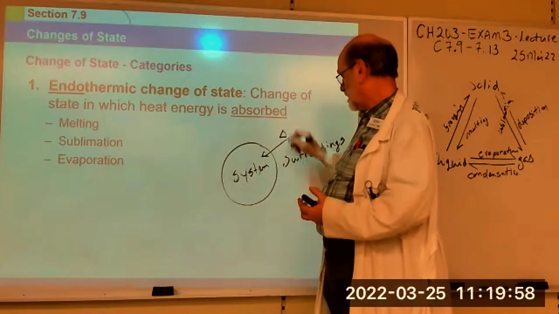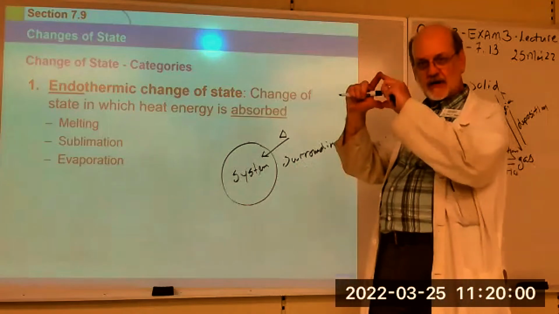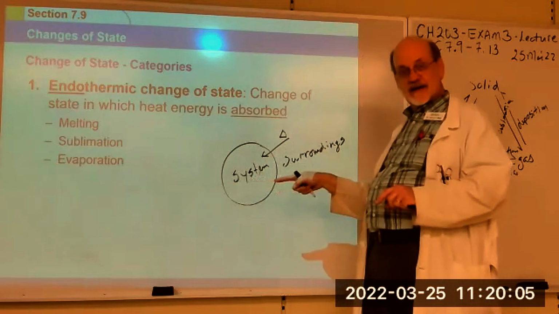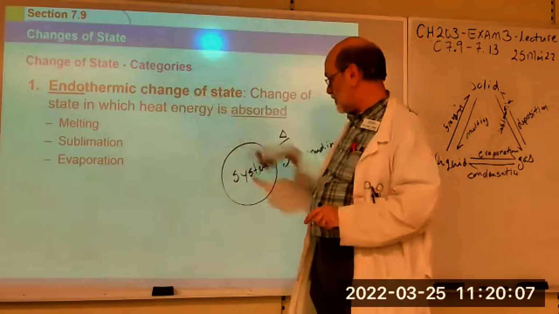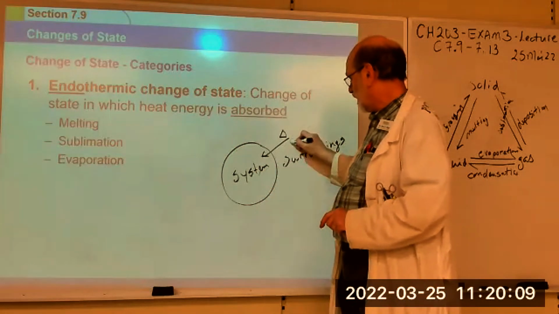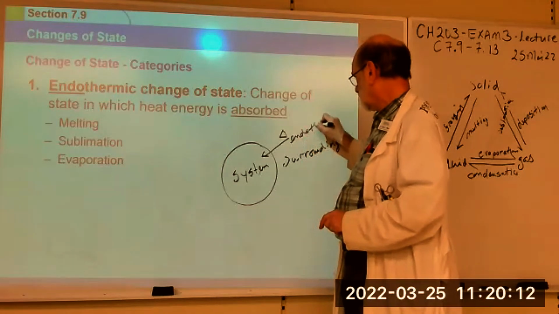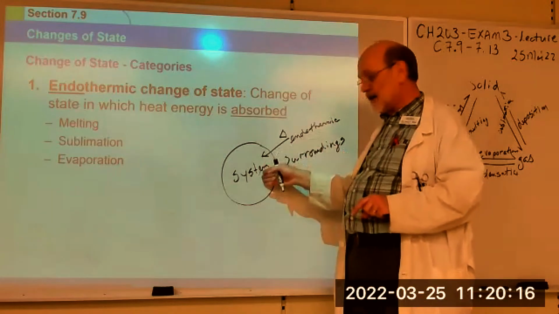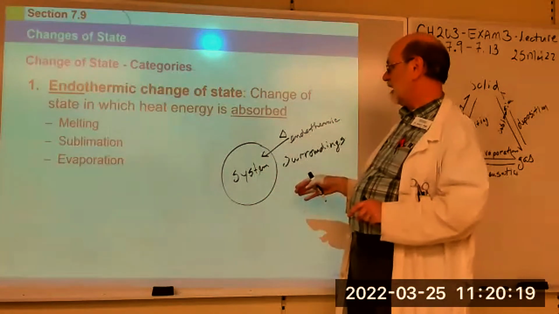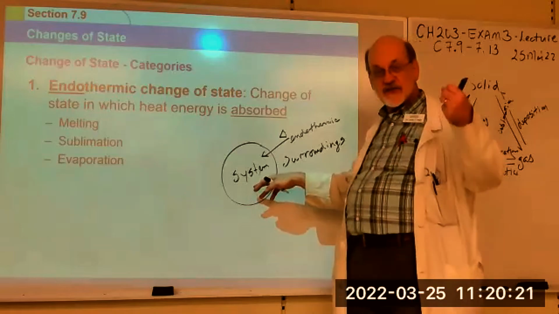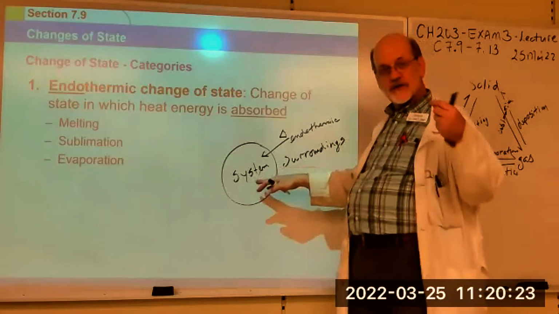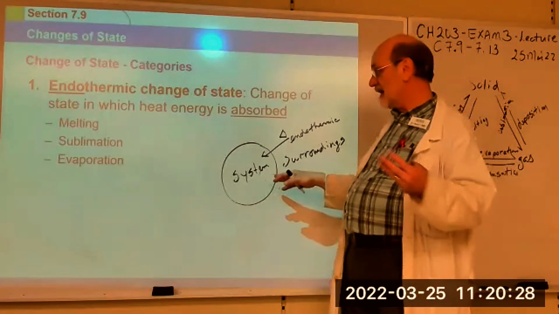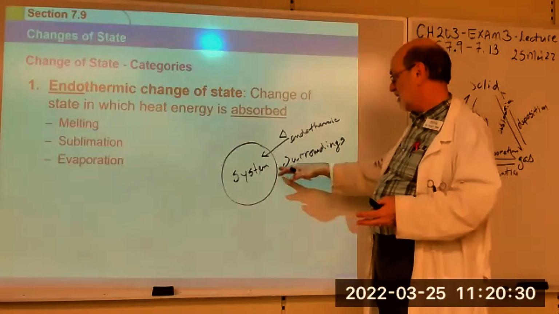Right? And that's our abbreviation for heat, that triangle, the delta sign. If it flows in, that means heat is flowing into the system, and that's endothermic. Surroundings are providing energy to make the solid melt, or the solid turn to a gas, or the liquid turn to a gas. Any one of those three is endothermic.